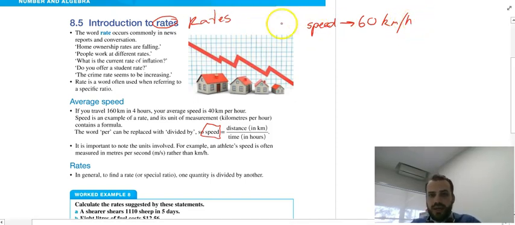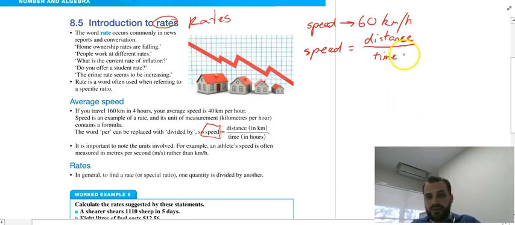Now, the way that we calculate somebody's speed is with the formula speed equals distance. That's distance in kilometers over time. That's time in hours and distance in kilometers.